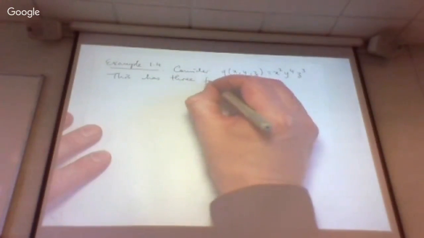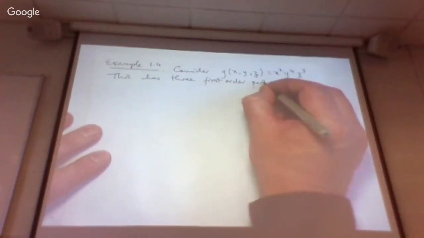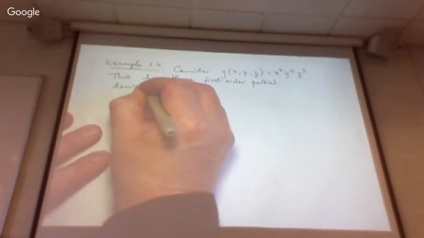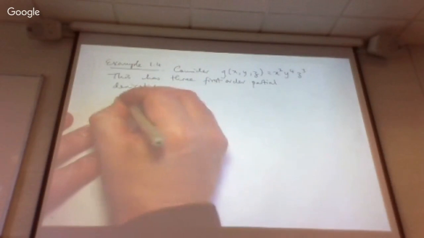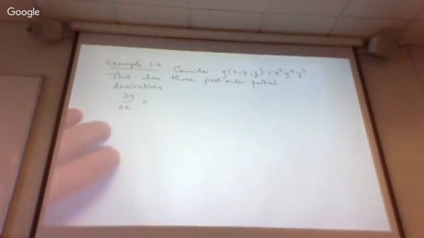So 3 first-order partial derivatives. They are going to be dg dx, dg dy, and dg dz.